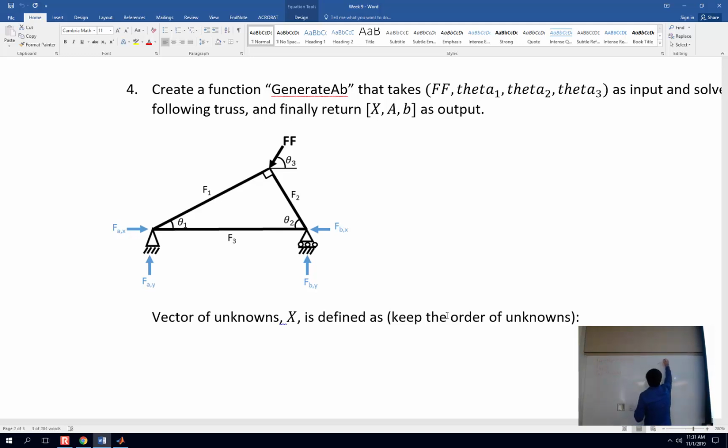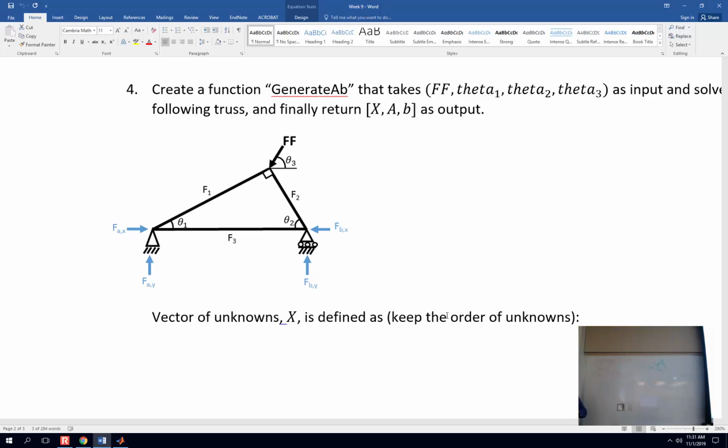I have F1, I have F3, I have theta 1, I have FAY, I have FAX, right? Now if I write the summation of forces in the x direction, what do I have?